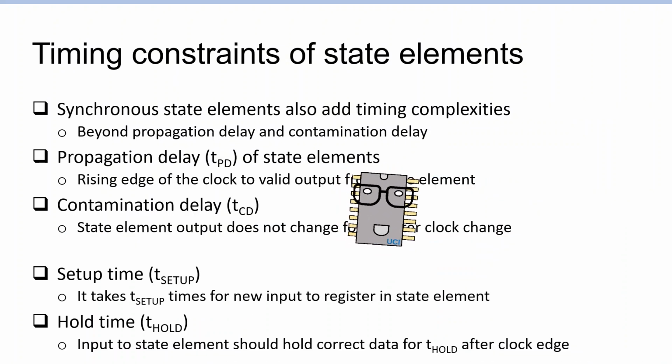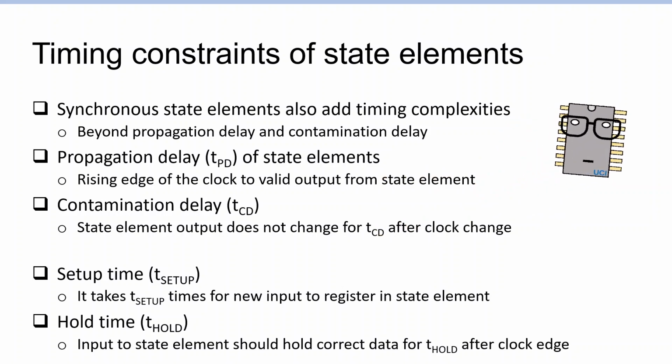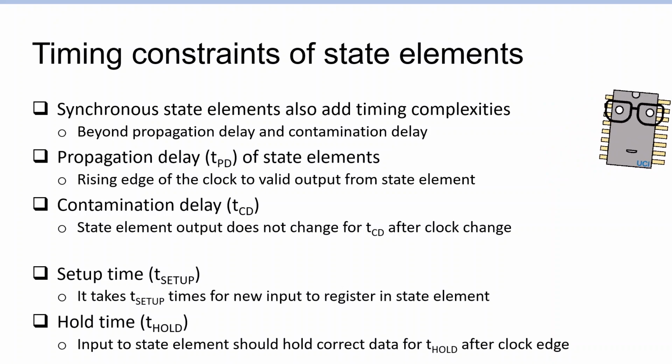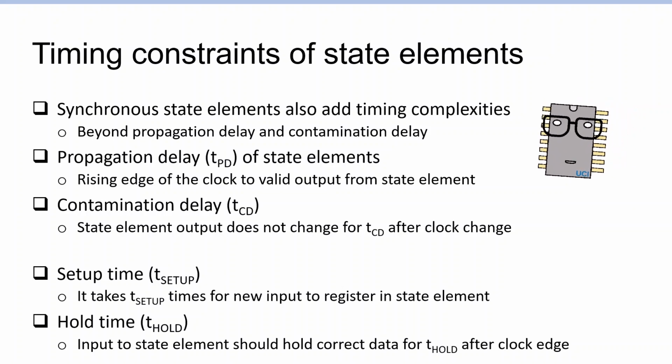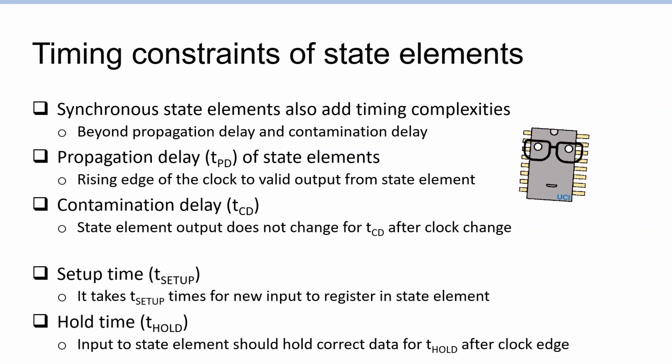So as we add state elements into a combinational circuit and we turn it into a sequential circuit, the timing characteristics, the numbers which we use to describe the behavior of this circuit, we get a few more. Because synchronous state elements also add a couple more timing constraints beyond, of course, propagation delay and contamination delay of the internal combinational circuit.